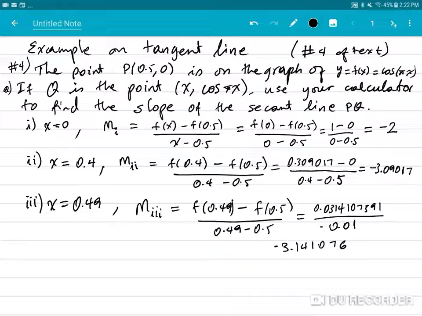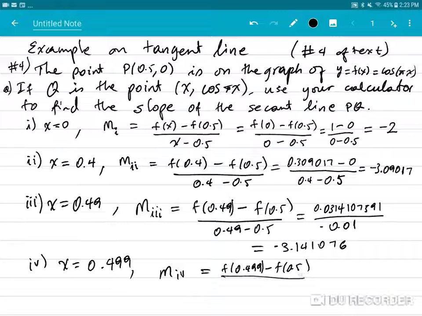Okay, and x equals 0.499. So the next one is f of 0.499 minus f of 0.5 over 0.499 minus 0.5.